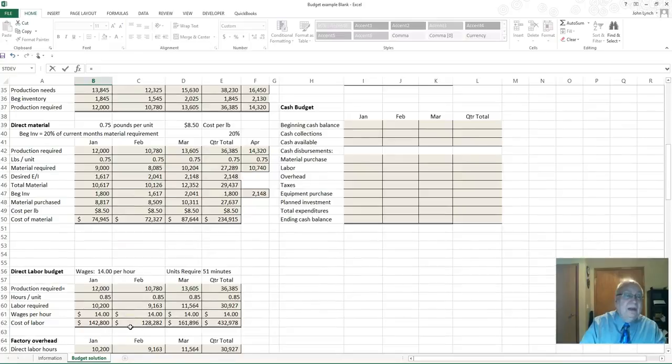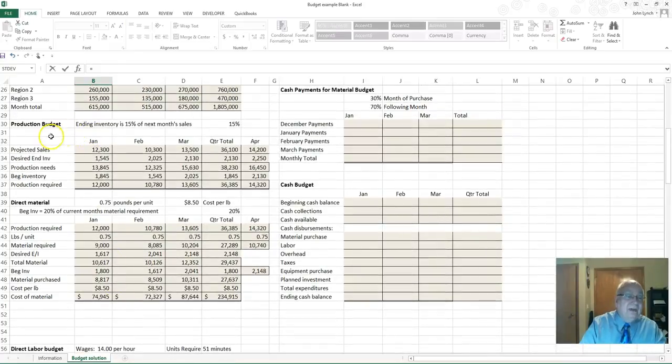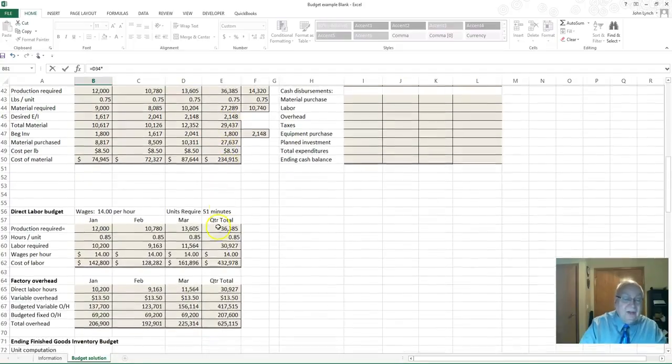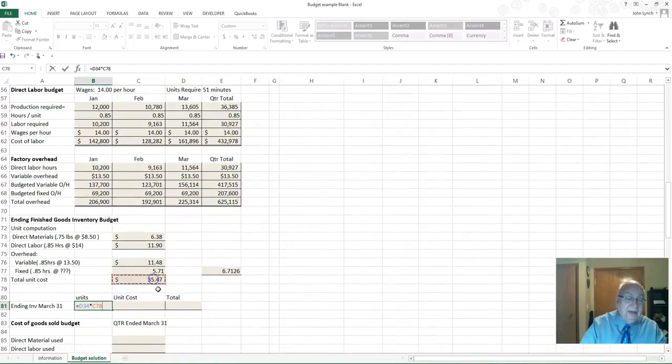Now we have to determine how many units did we have. Okay, we come up here in our production budget, right here, desired ending inventory for March 31st was 2,130. And our cost was down here, we just calculated it.